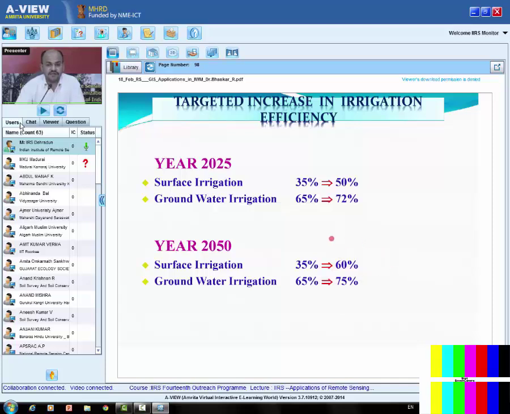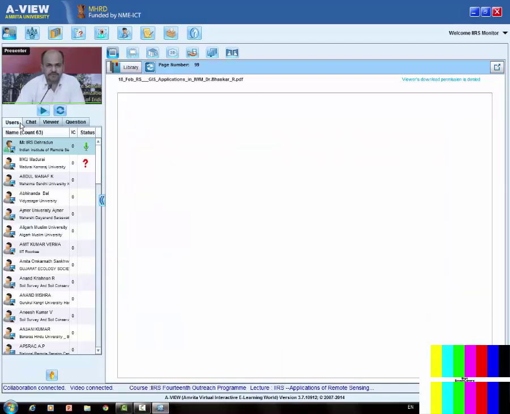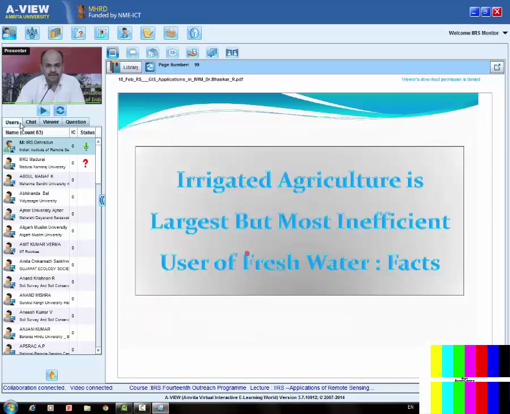Right now, the government report says that surface irrigation projects are performing at 35% efficiency and groundwater irrigation projects at 65%. Though this is an over-prediction, because many of the projects in northern India are running at as low as 14% efficiency. So we have to elevate that.